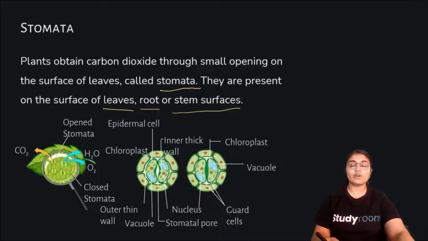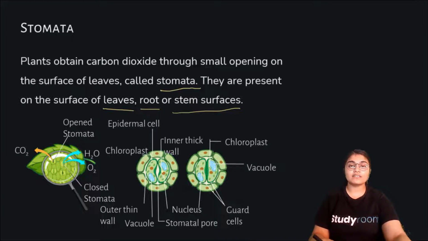There is also exchange of gases that takes place through the stomata. So whatever gaseous waste products are produced in the plant are also exchanged through the stomata itself, right? So this is also a very crucial apparatus for the excretory mechanism in plants.